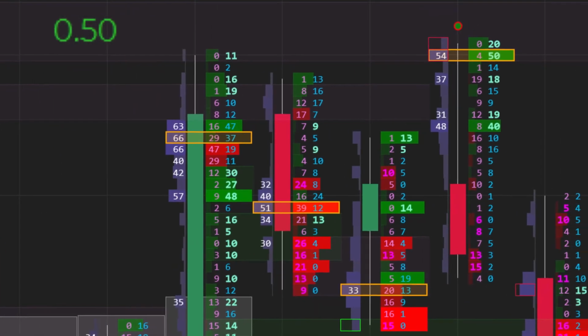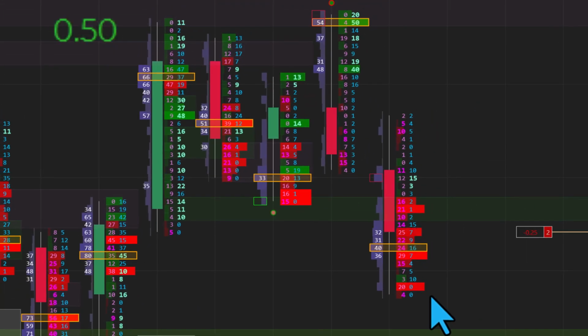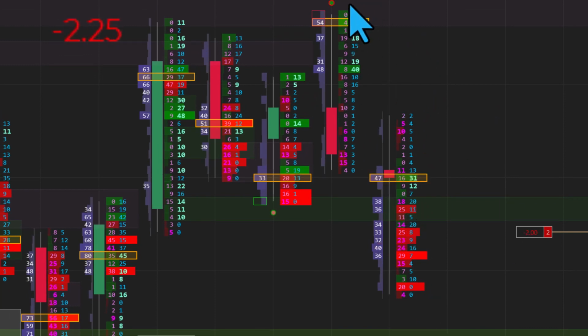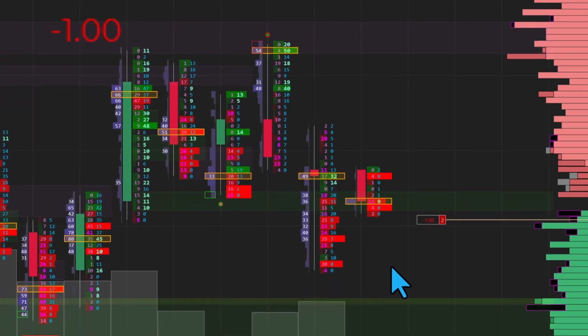That's why we're using volumes to see more data, to see more actual reasons to trade. We understand now what's happening inside of the candle.